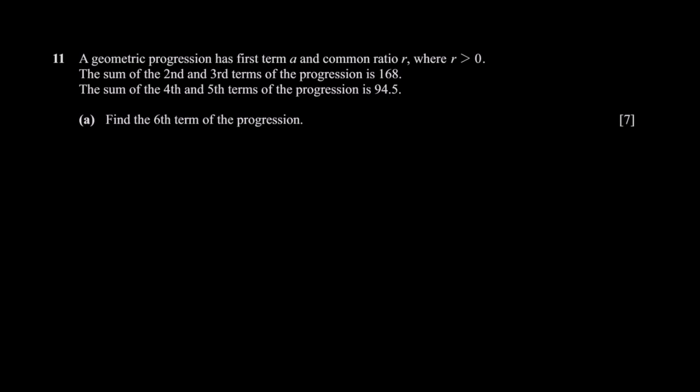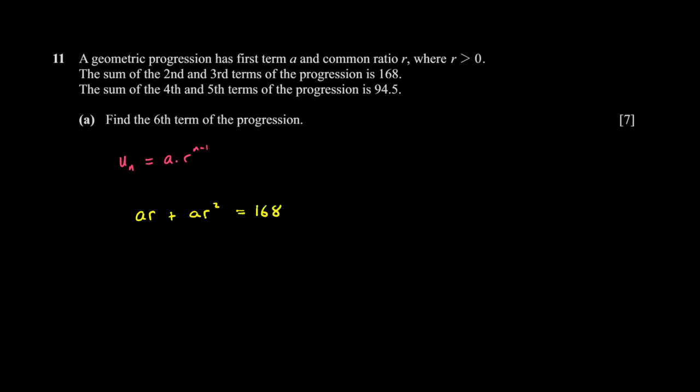Okay, so a good thing to know for a geometric progression is the nth term is a times by r to the power of n minus 1, where a is the first term and r is the common ratio. So the sum of the second and the third terms: the second term is a times by r, and the third term is a times by r squared, and that's equal to 168.